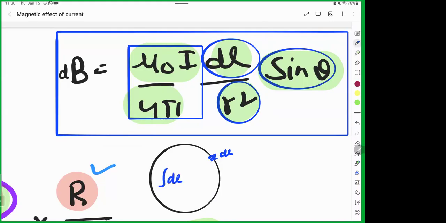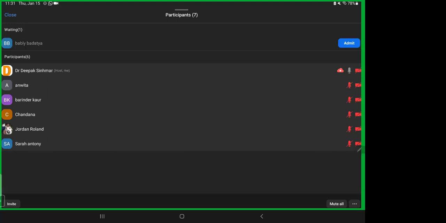Circumference, it will be equal to the total circumference, which is equal to 2 pi r. Any doubt? If you don't have a doubt, come to this point.